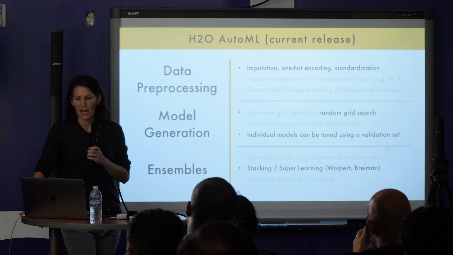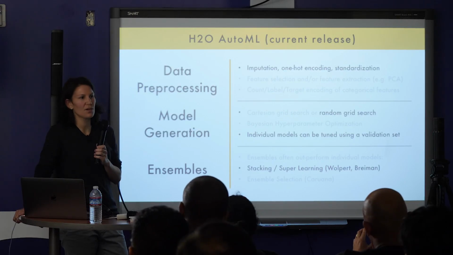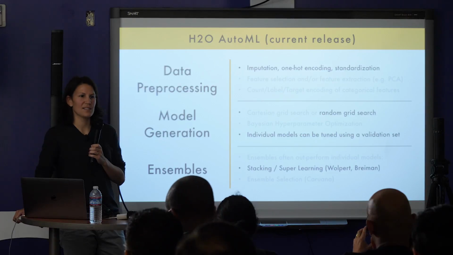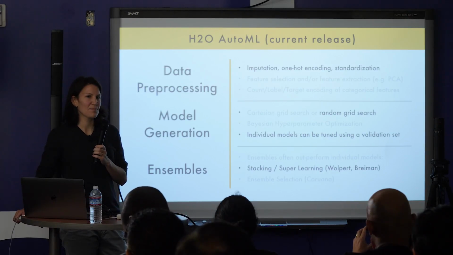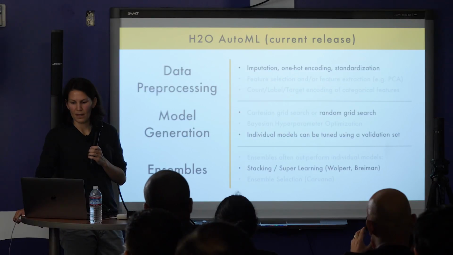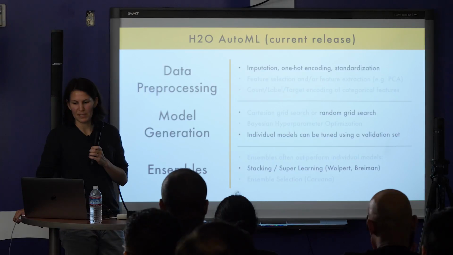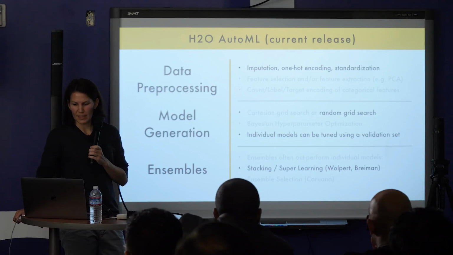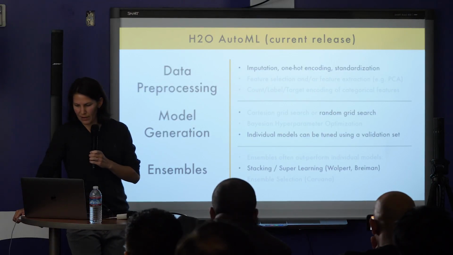One thing that we're adding right now is target encoding. That's very valuable in cases where you have high cardinality categorical features like a zip code. So that could be extremely useful and will be extremely useful for AutoML. It's not highlighted because it's not in the current release, but we're adding it right now.